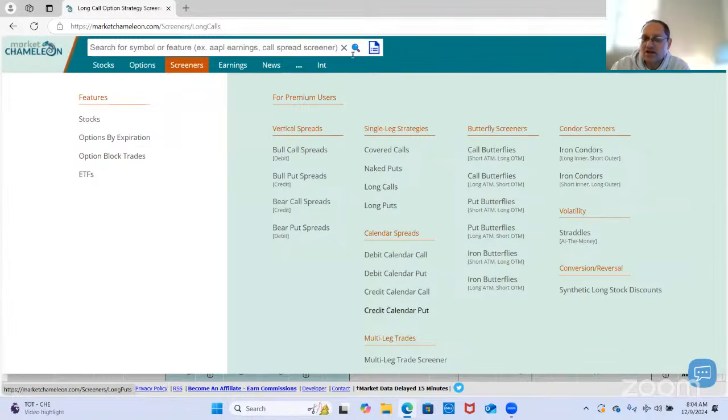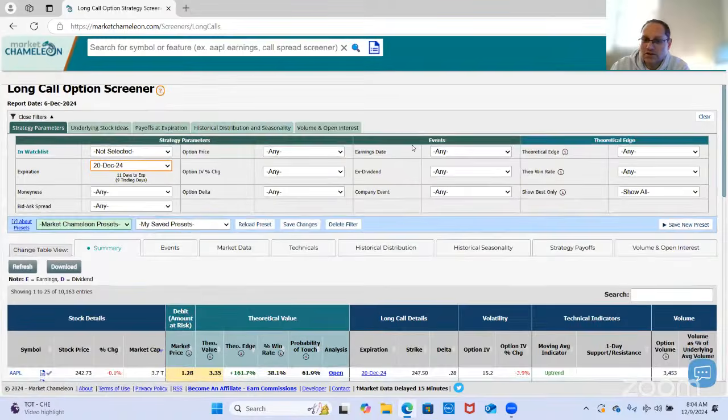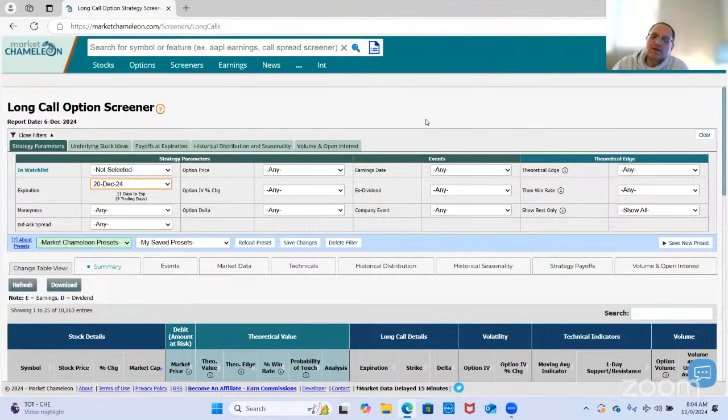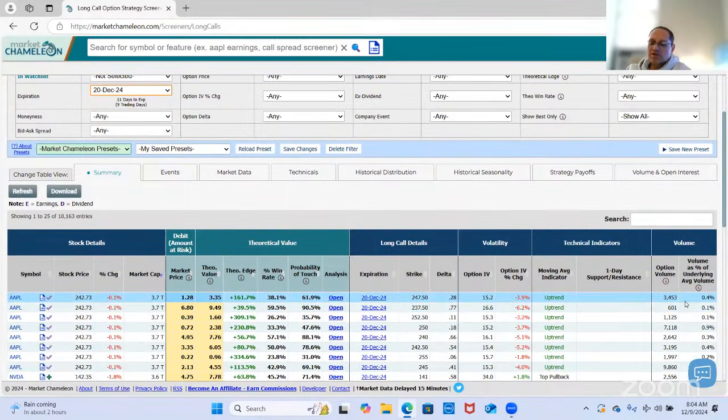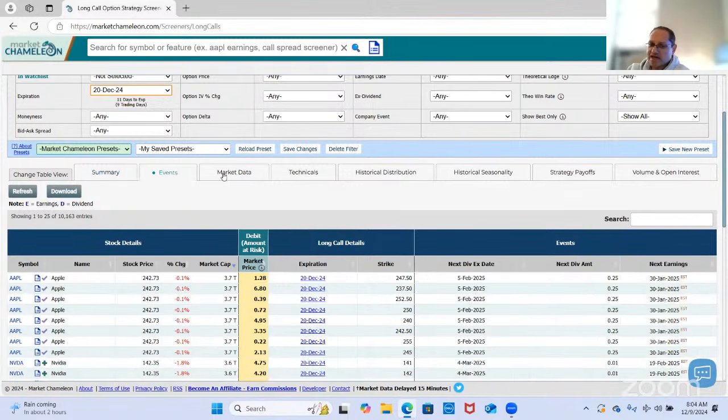You click on that and you will land on this page. And last week we talked about some of the different data elements that are in this table from left to right. And we covered, I think, the summary page. Then we stopped there and said we'll continue on some of the other analytics that we have on other tabs.